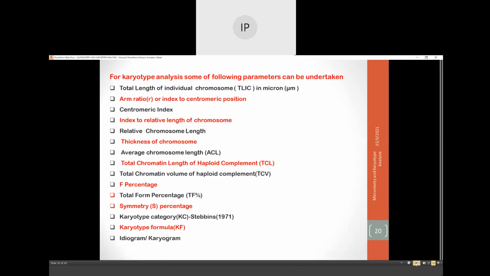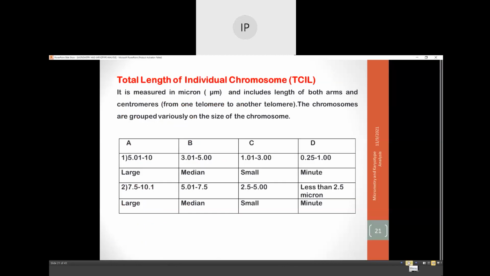chromosome complement. Now, total length of individual chromosome is measured in micron and includes length of both arms and centromere from one telomere to another telomere. The chromosomes are grouped variously on the size of chromosome as per the researcher, as per the size of chromosomes in his or her material.